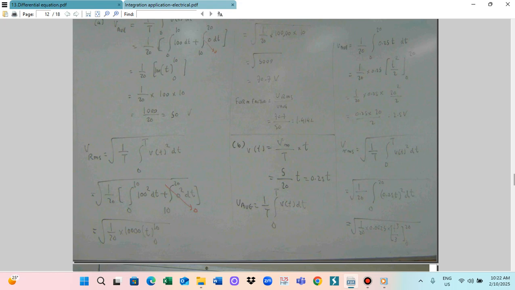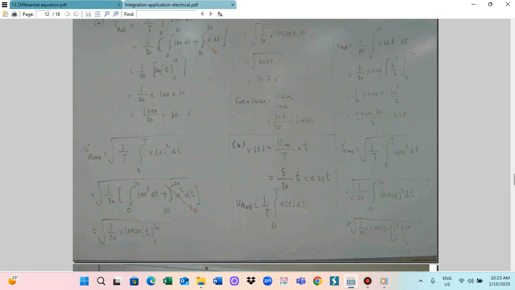So this becomes the square root of 1 by 20, with 0.25 squared coming out to 0.0625, and the integral is t power 3 by 3, which you substitute from 0 to 20.